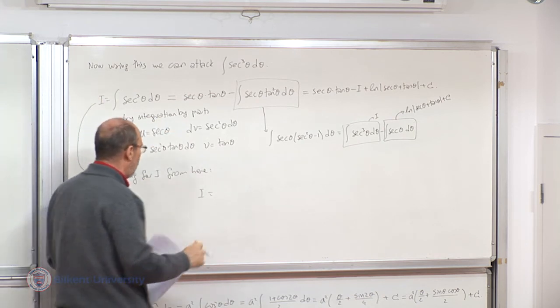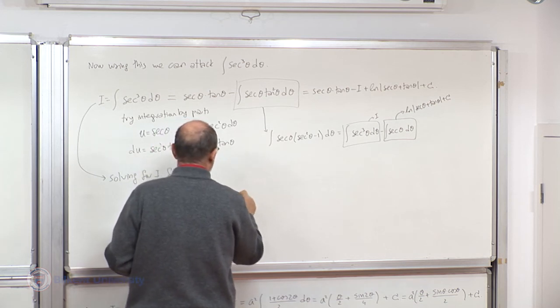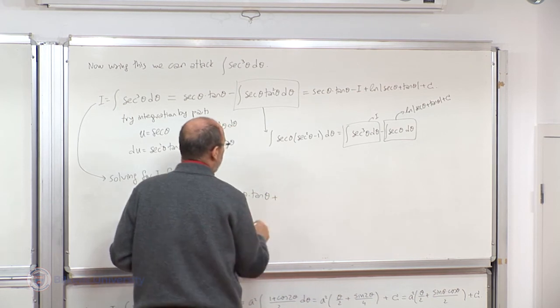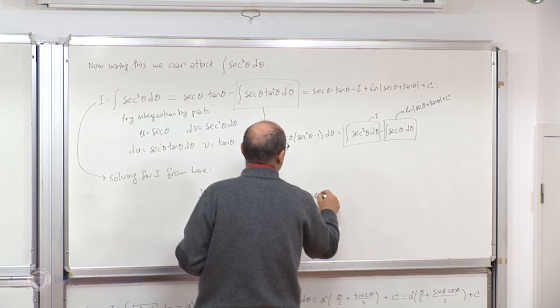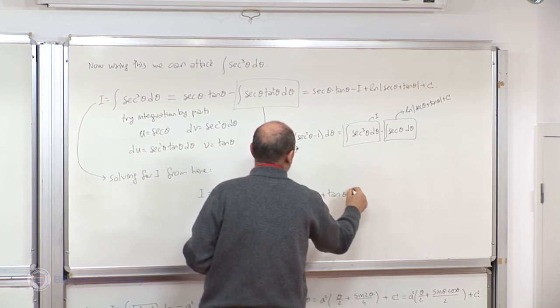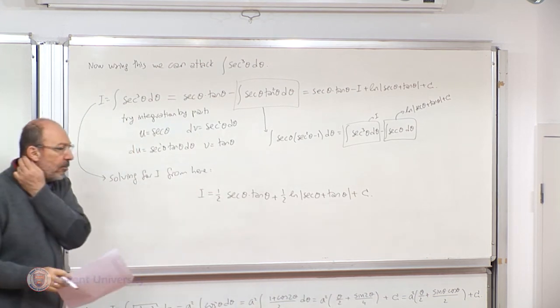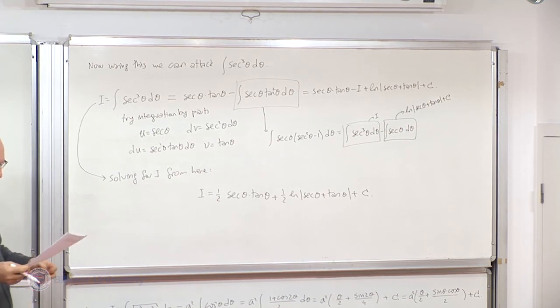So I is equal to 1 over 2 secant theta times tangent theta plus 1 over 2 ln of secant theta plus tangent theta plus an integration constant. Okay, so this is how these things magically fall apart.